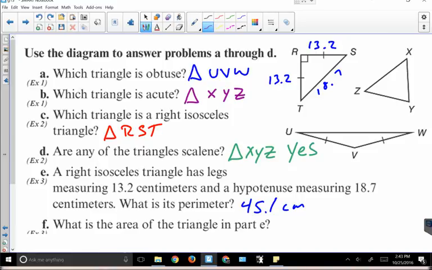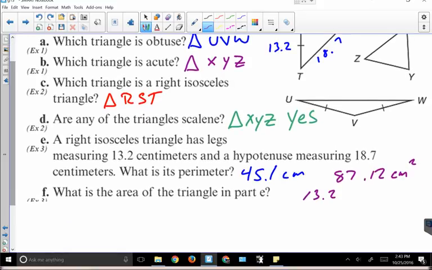Serena. You said what? 87.12 cm squared. Do we have agreement out there? Well, what's the base? Okay, base is 13.2. What is the height?